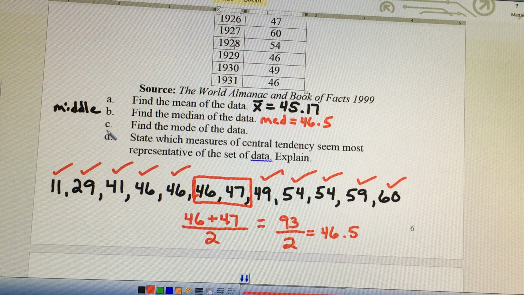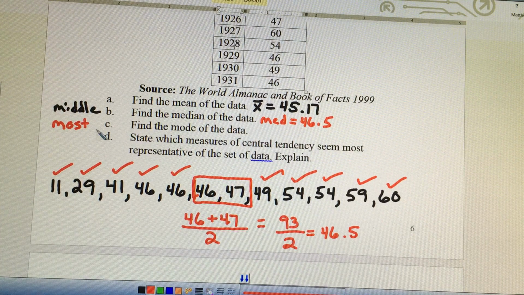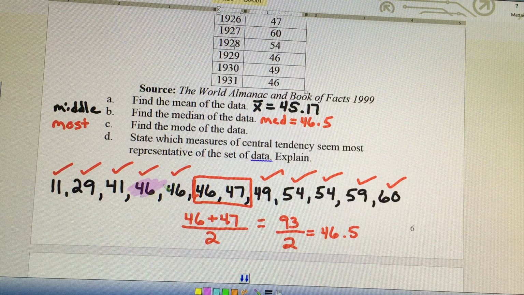Then on letter C, it asks you to find the mode. Mode stands for most. Out of all of those years where Babe Ruth led the league, we want to know which number worked out to be the largest number in the league, the greatest number of times. You might notice that as we had them listed from smallest to greatest, Babe Ruth had 3 years where he had 46 home runs.